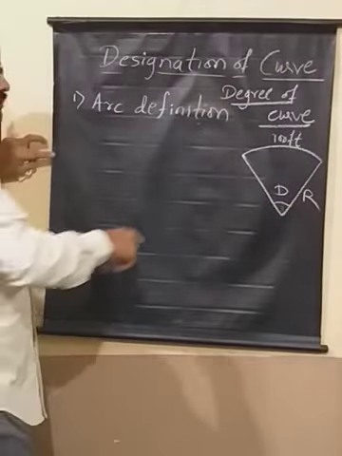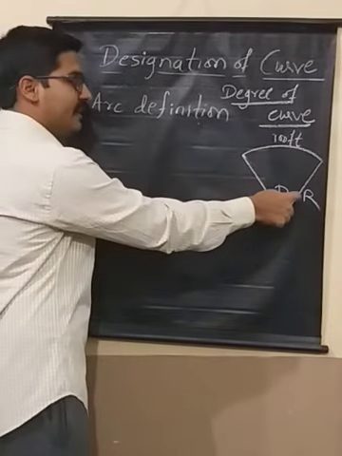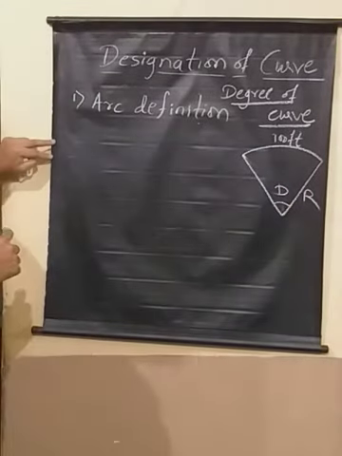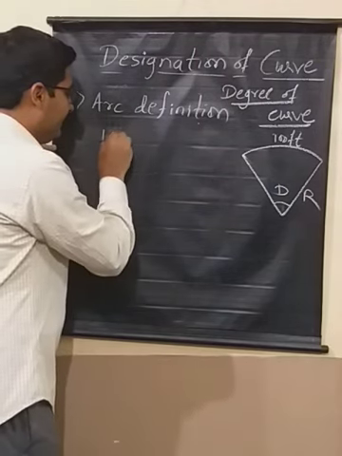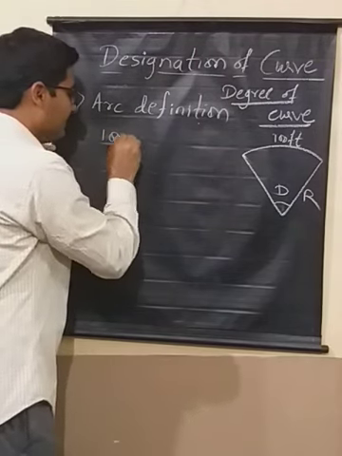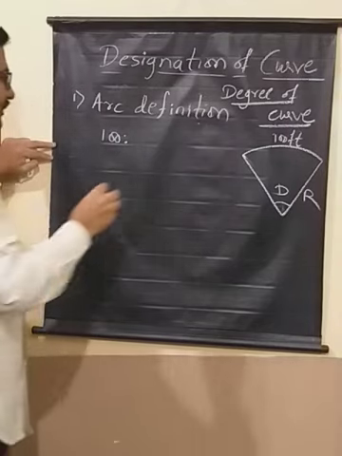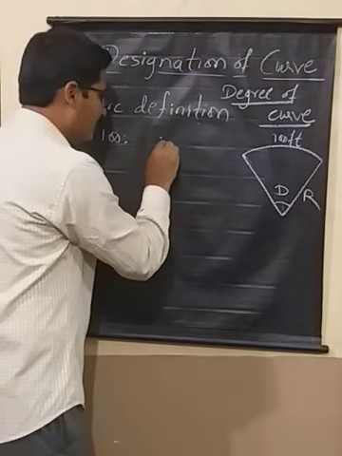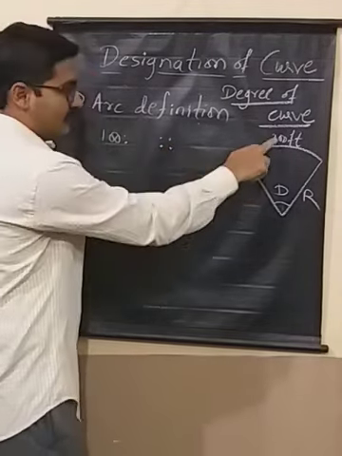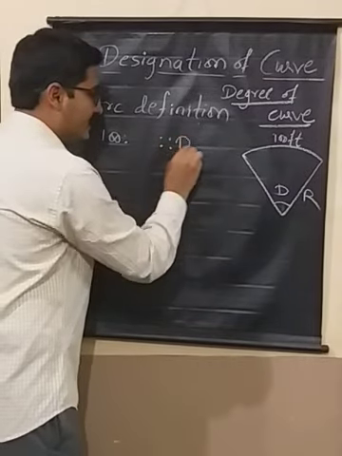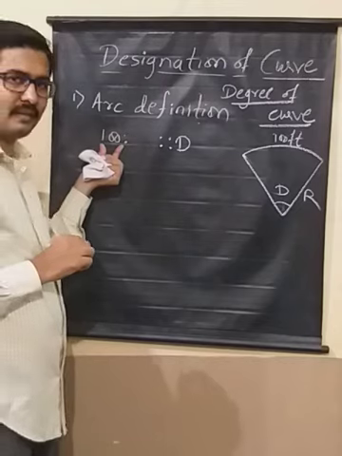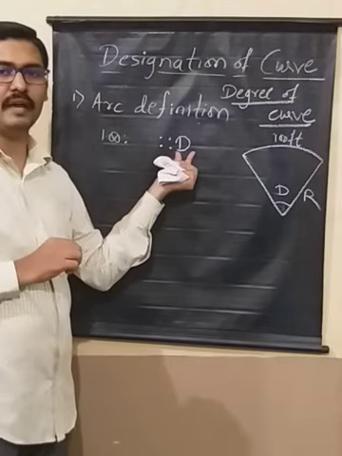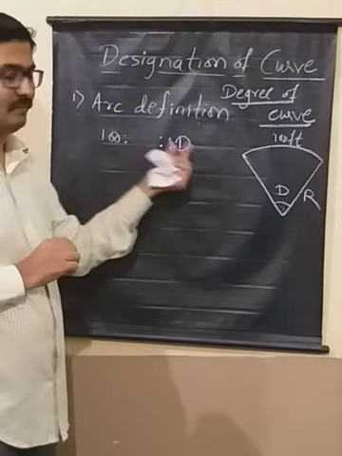Now I want to bring up the relation between this degree and the radius of the curve. 100 feet of arc length gives you angle D at the center.